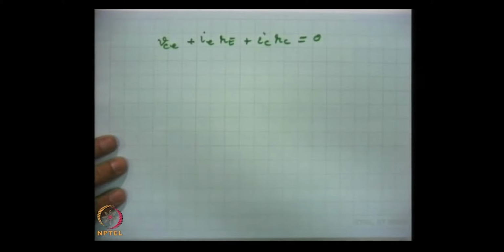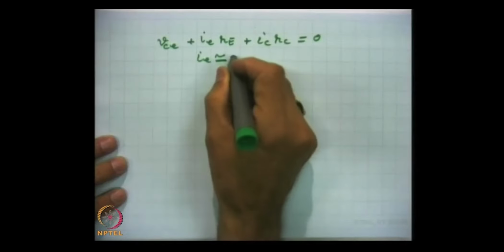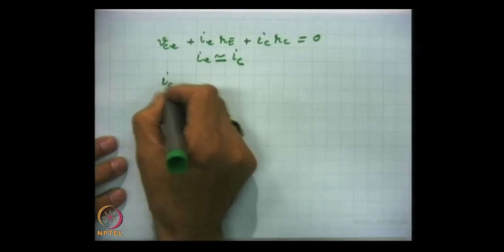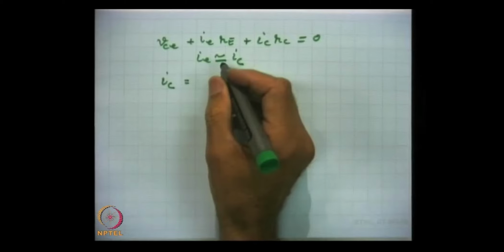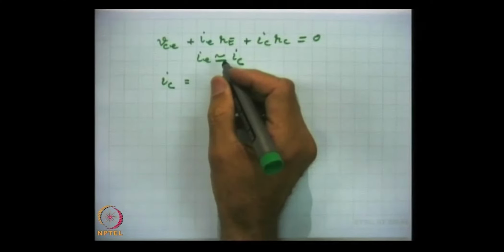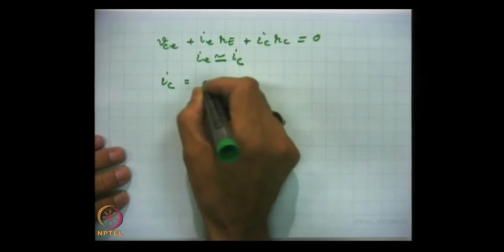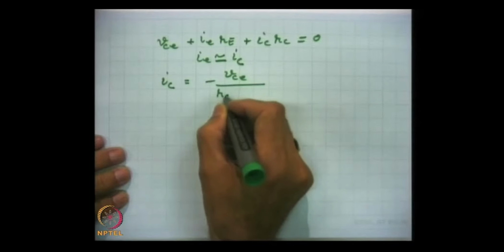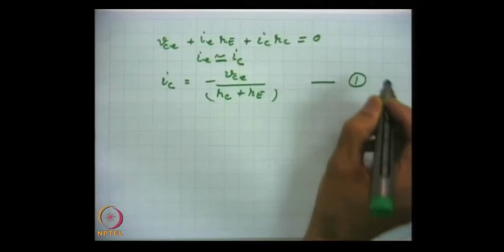You will remember from our discussion on the bipolar transistor that IE is almost equal to IC. Using that, we can get the expression for IC as minus VCE divided by RC plus RE. Let us call this equation 1.